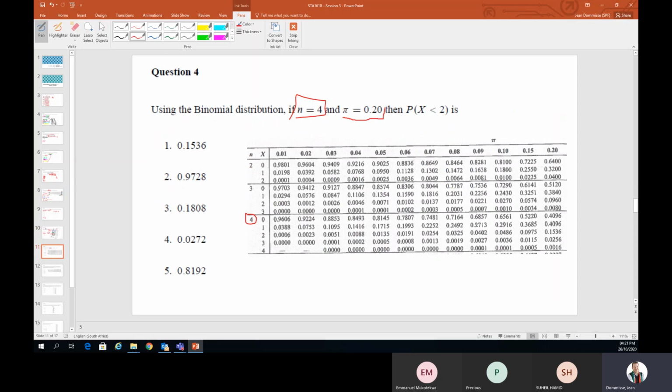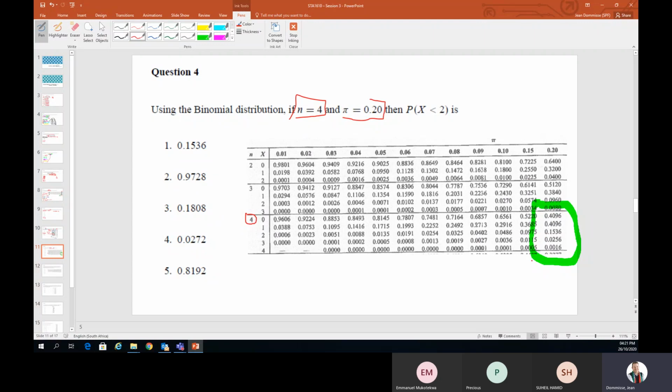Pi is equal to 0.2. So I can automatically nearly tell myself, okay, I'm going to work with this group. So when I look at it, I'm only looking within that.